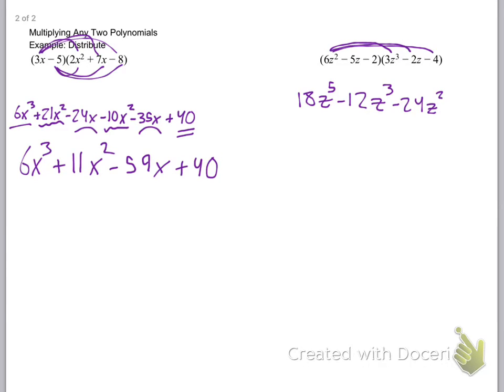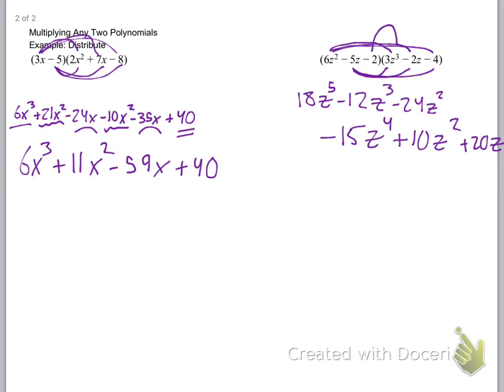I'm going to run out of room, so I'm going to have to write underneath. I could shrink this, but I'm not going to. So now I've got to go to the 5z. So negative 5z times 3z cubed, negative 15z to the 4th power. Negative 5z times negative 2z squared, 10z squared. Negative 5z times negative 4, plus 20z. Okay, now I've got to go and do the negative 2.